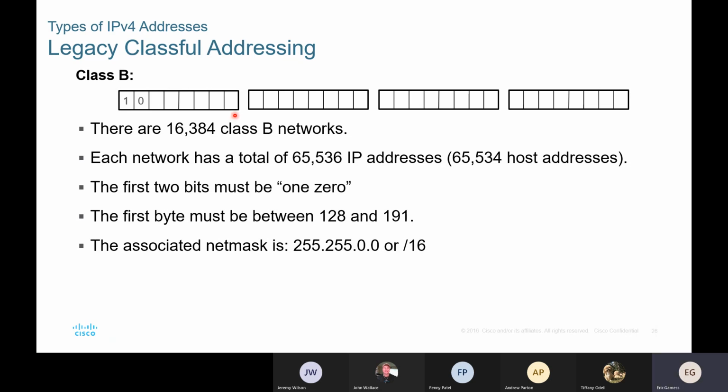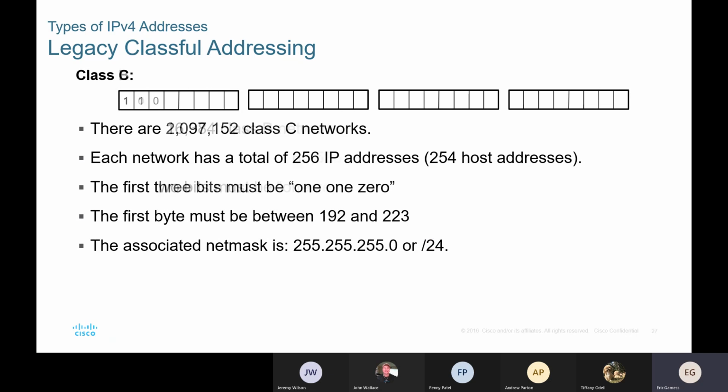You will fill them with 1, of course. So if you have 1, 0, 1, 1, 1, 1, 1, 1, and you convert it to decimal, it's going to give you 191. So if the first byte is between 128 and 191, I know that the IP address is a class B IP address. Okay?